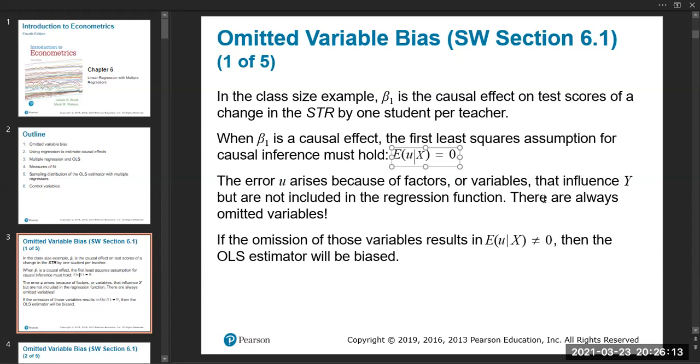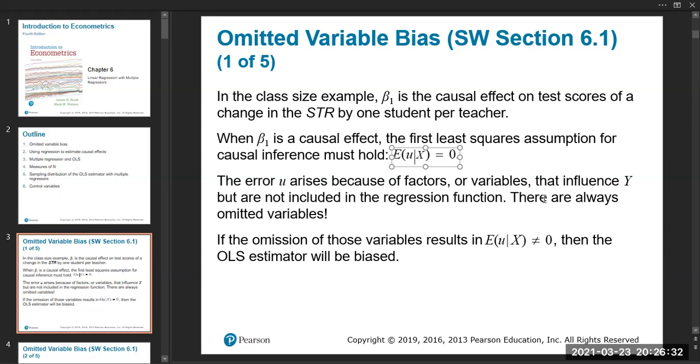However, the error u arises because of factors or variables that influence y but are not included in the regression function. So we call them omitted variables.